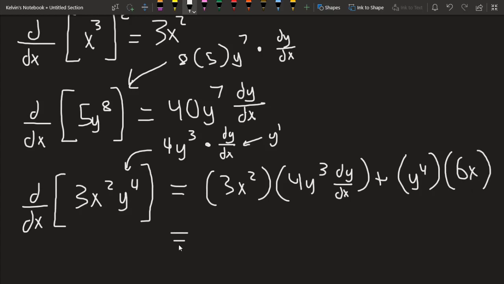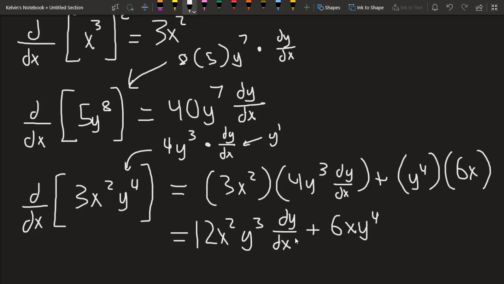Now we can simplify this. We would get 12x squared y cubed dy dx plus 6xy to the power 4, my bad. Man, I'm having a rough day. So that's what we would get for this problem right here.